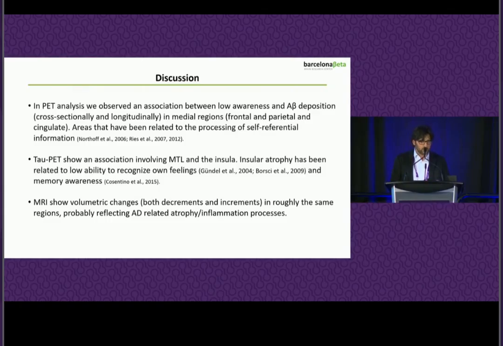For tau PET, we saw this cross-sectional association with the medial temporal lobe and the insula, and importantly, insular atrophy has been related to low ability to recognize one's own feelings and mood, and specifically also to memory awareness in MCI patients. In MRI, we found both decrements and increments in roughly the same regions where we found changes in amyloid deposition and tau, and probably they are reflecting AD-related atrophy or inflammation processes.